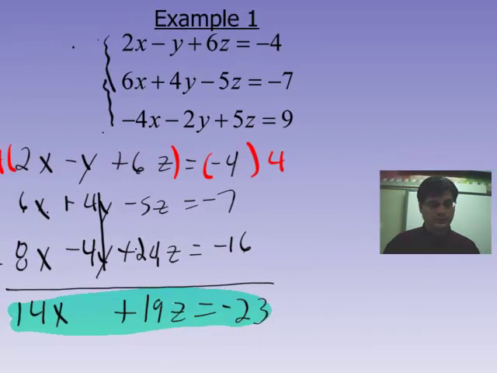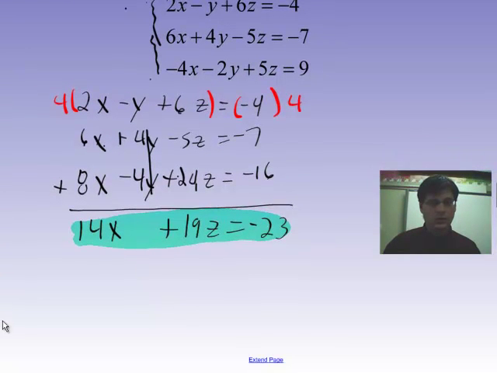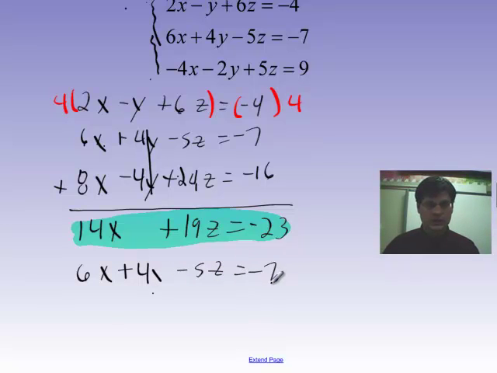Okay, so this is going to be 6x plus 4y minus 5z is equal to negative 7. And that looks like a y. Negative 4x minus 2y plus 5z is equal to 9.